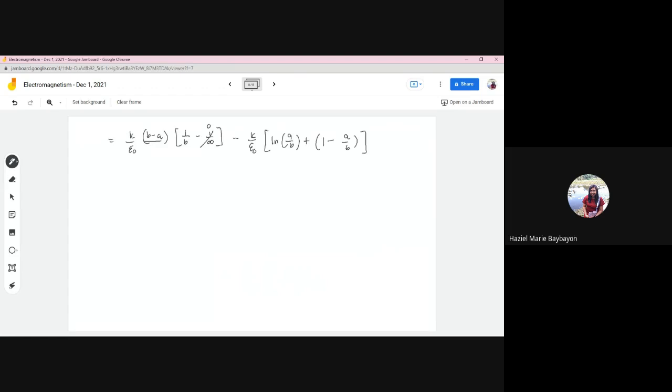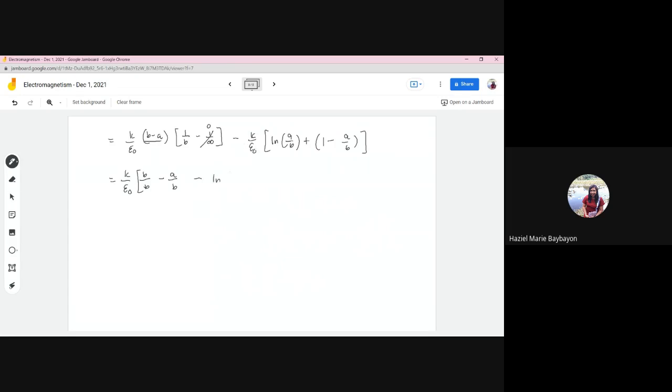Can this still be simplified? Yes, we have k over epsilon naught, b divided by b. So, let me distribute 1 over b, minus a over b. This is 0. And then you have minus, we factor out k over epsilon naught.